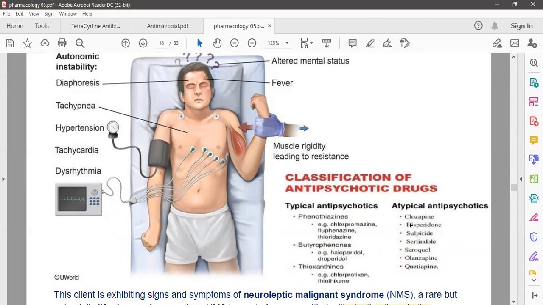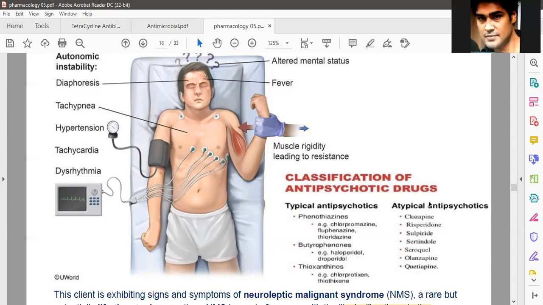Most common are olanzapine, clozapine, risperidone, and aripiprazole. There are some advantages of atypical over typical antipsychotics. Atypical antipsychotics have less extrapyramidal syndrome, less chance of developing neuroleptic malignant syndrome, and less chance of developing dyskinesia.